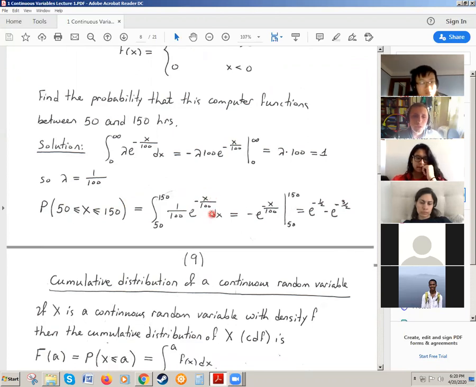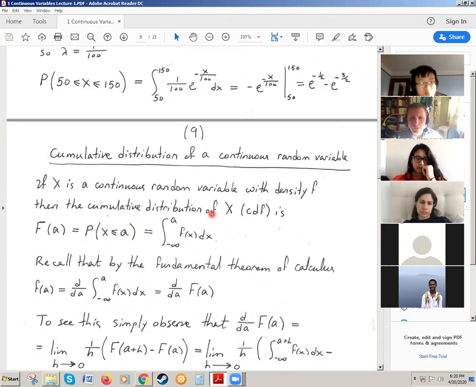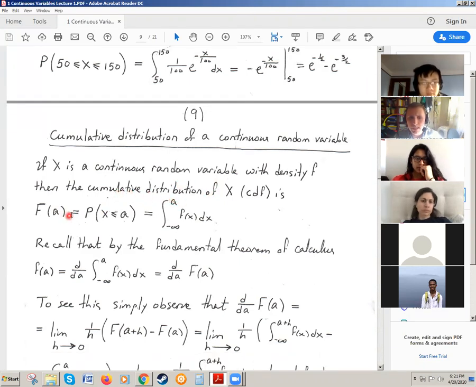So we spoke before about cumulative distributions. I must confess, I have no idea what's the use of cumulative distributions for discrete random variables, but they're obviously useful for continuous random variables for the following reason. First of all, what is the cumulative distribution? It's just the probability that x takes a value at A or less than A, for any A, and we denote it by capital F. We had the little case f that was the PDF or probability density function.